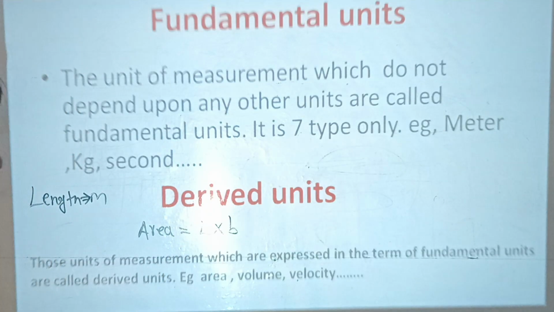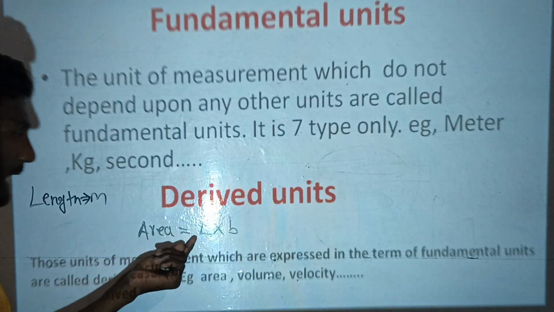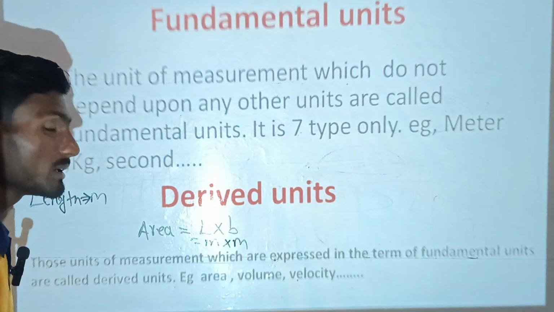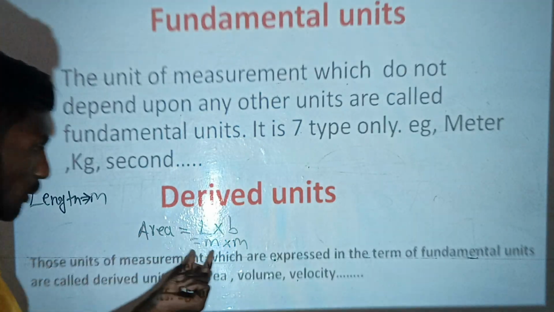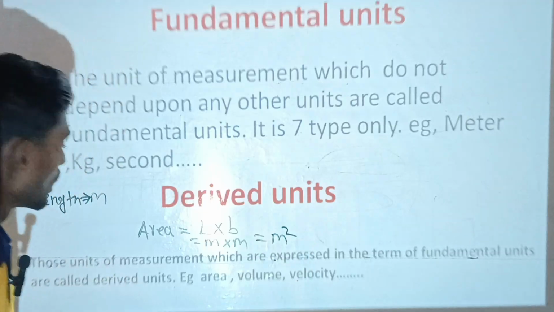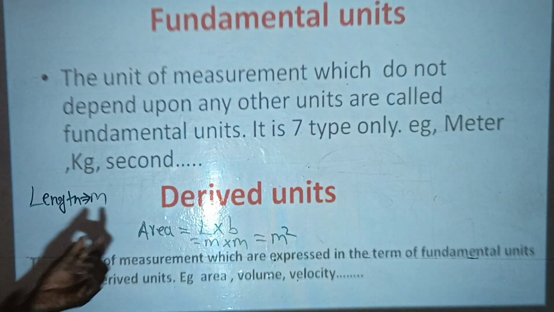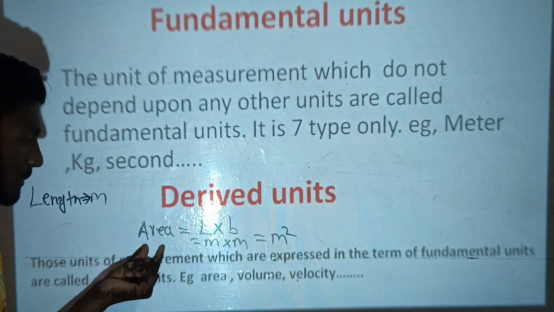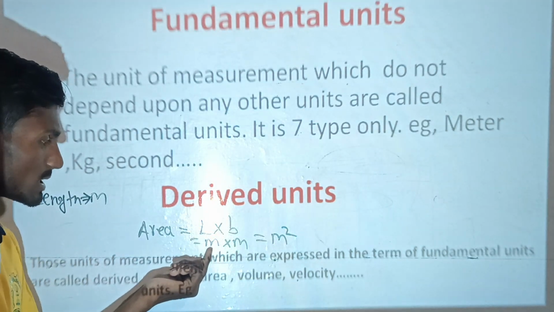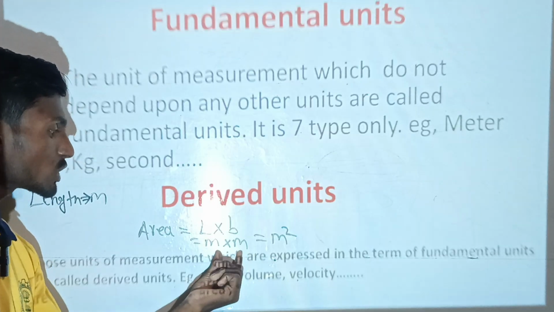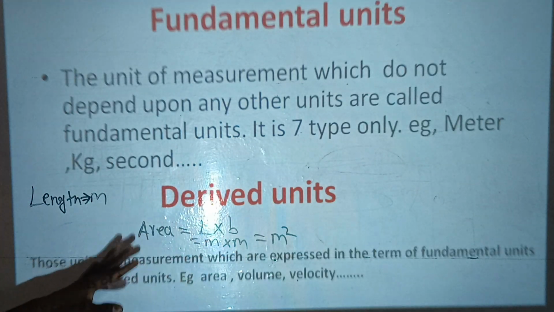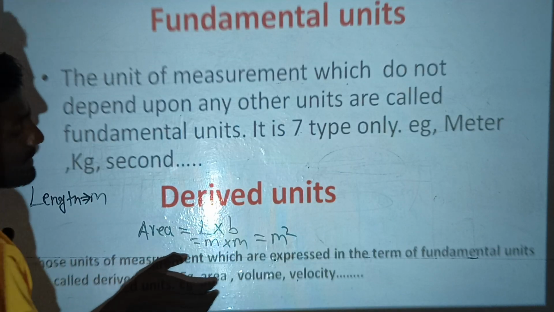Length is measured in meters, and the breadth is also measured in meters. Meter times meter equals meter square. The area is measured in meter square, but here there are two units of the basic unit. That's why these units are called derived units.